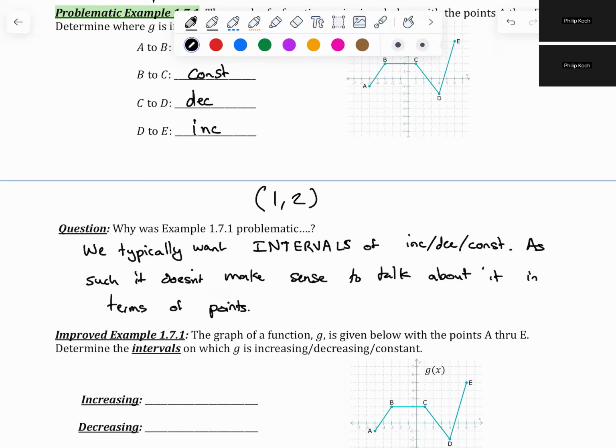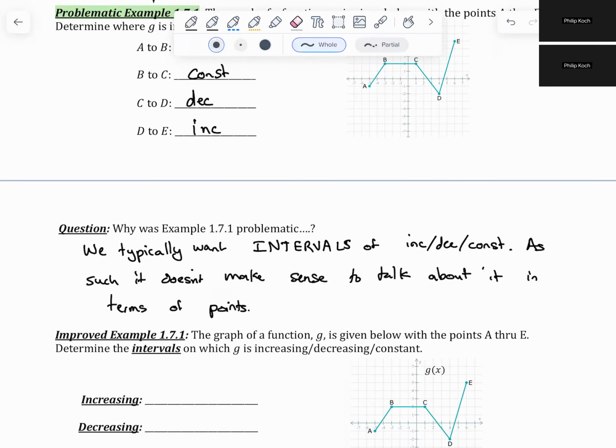I didn't tell you. It could be an interval. It could be a point. And so by using the point situation here, you're going to get yourself confused, thinking you can write your intervals in terms of points, but you can't. It's based on the x values of the points. It's based on intervals of x.